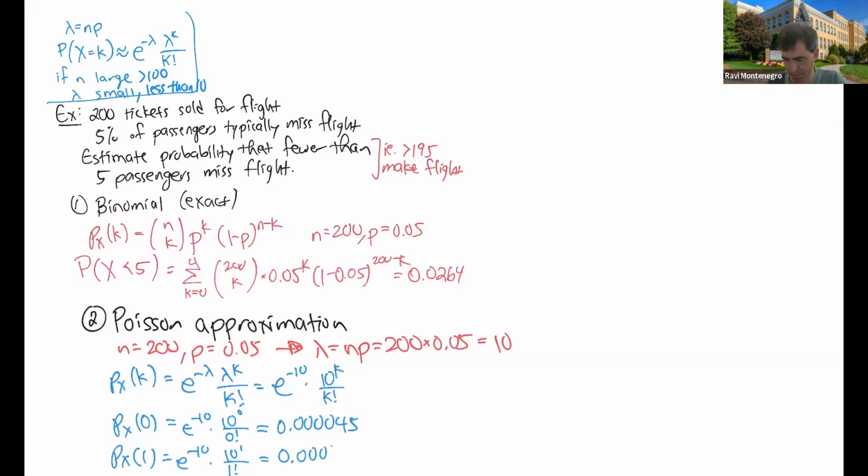That's 0.000454. There's not a lot of numbers to do here, so let's just do them all. Probability of 2, 3, 4.